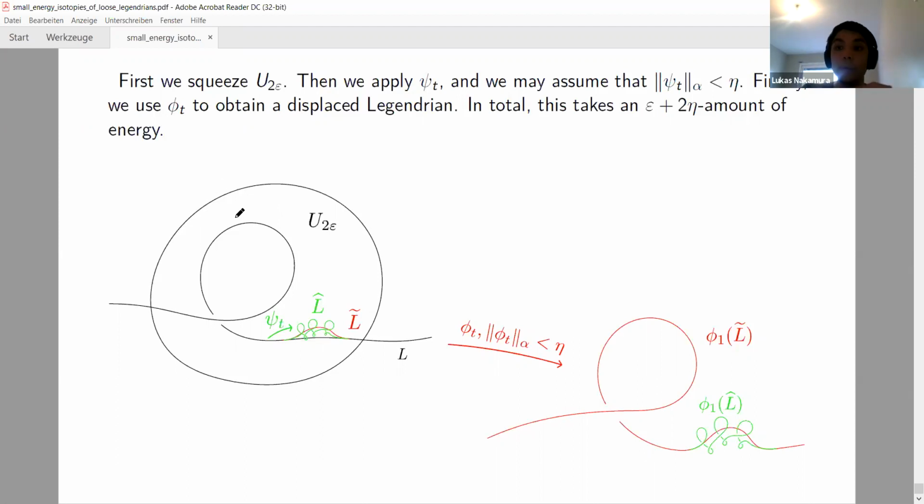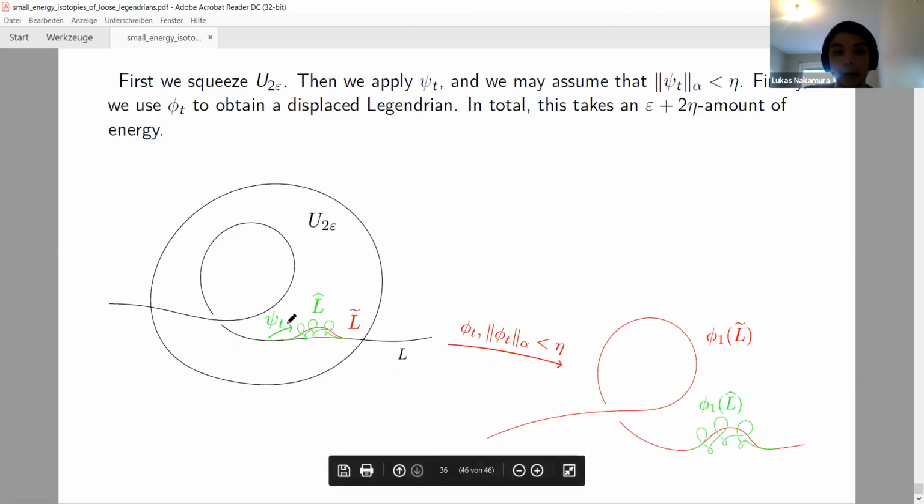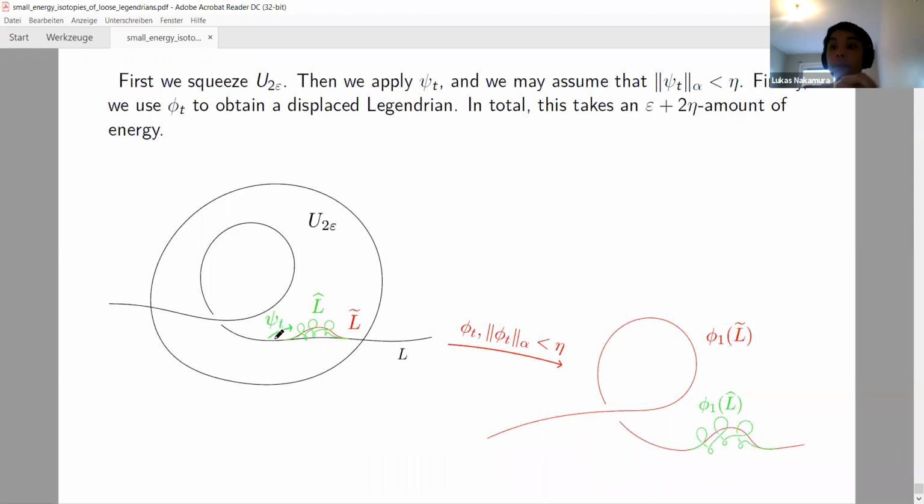After we have squeezed it, we can perform this psi, or maybe psi prime, which now has an arbitrarily small energy. And after we have performed this psi or psi prime, we can perform this isotopy phi, which displaces the Legendrian, and this also has arbitrarily small energy.